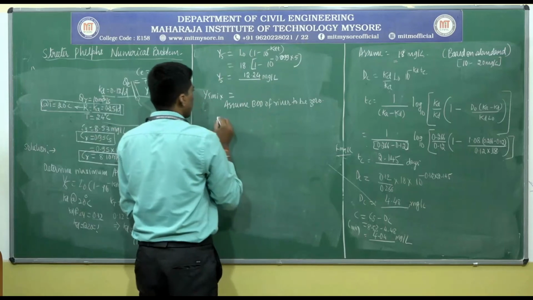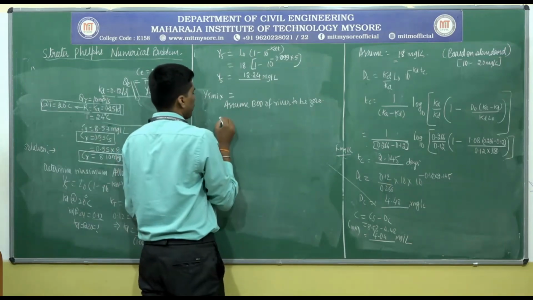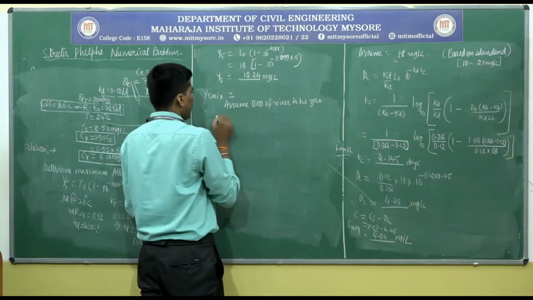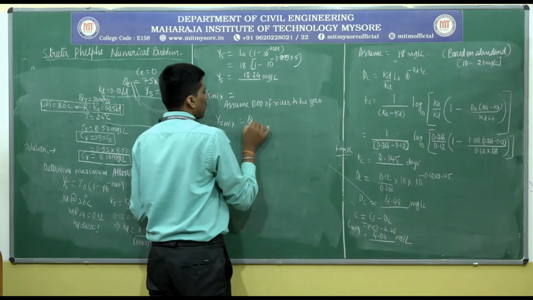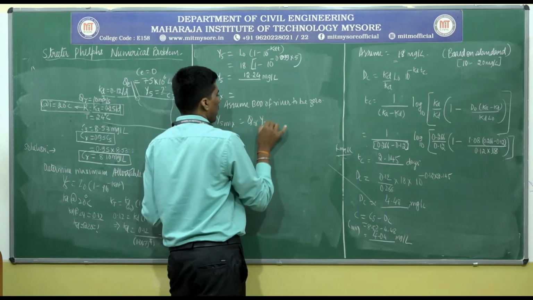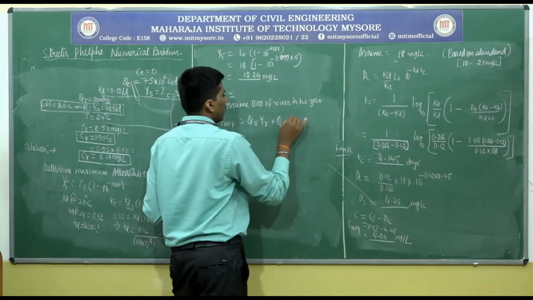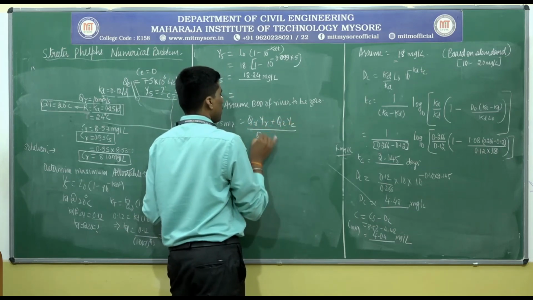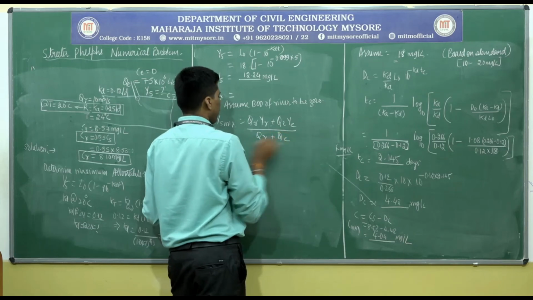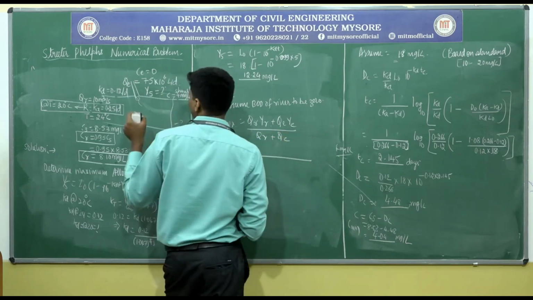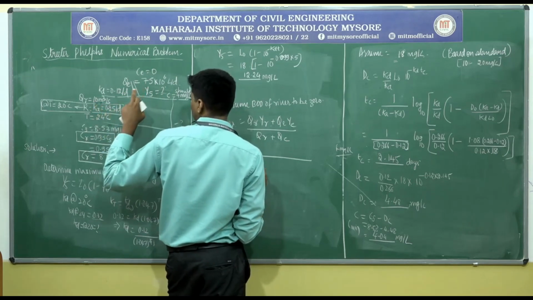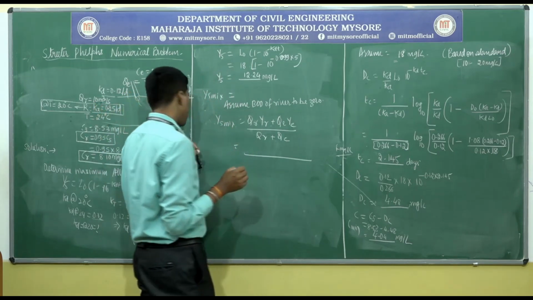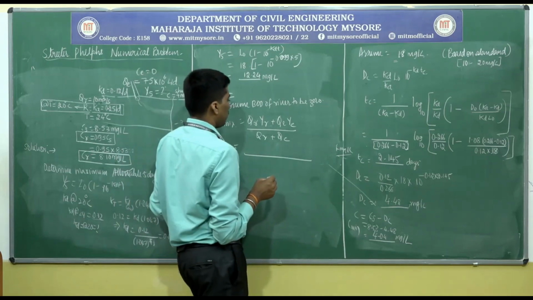What happens here after this, assuming that Y mix is equal to QR YR plus QE YE divided by QR plus QE. Here this is 10 meter cube per second, this is 0.868 meter cube per second.